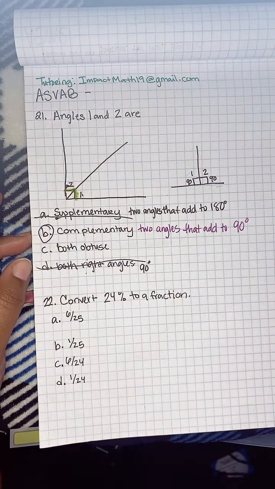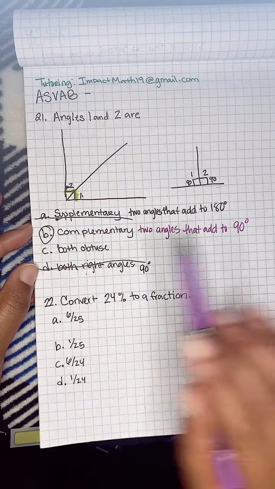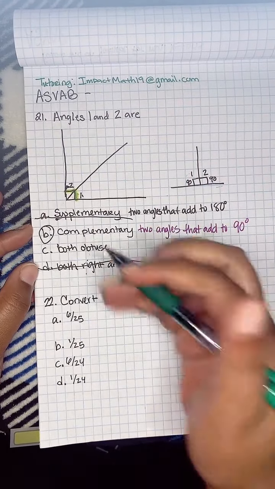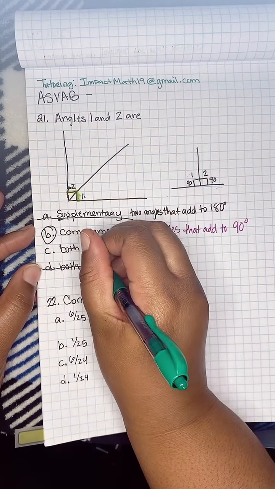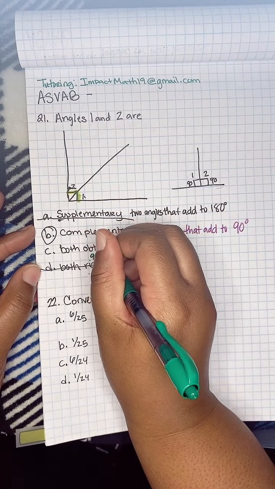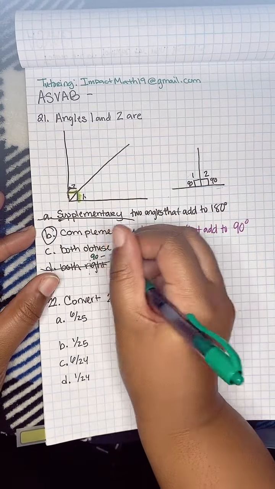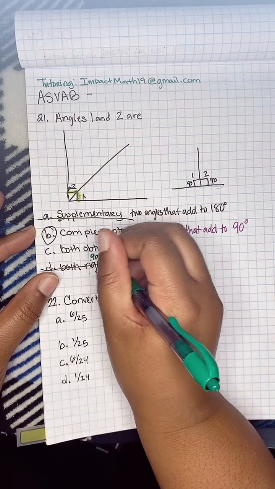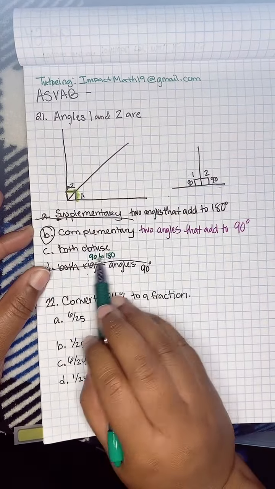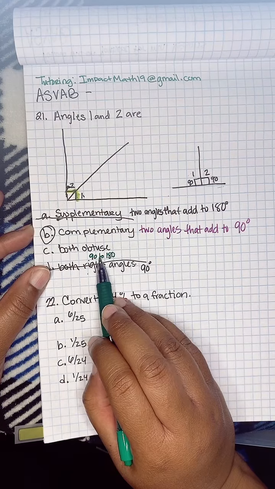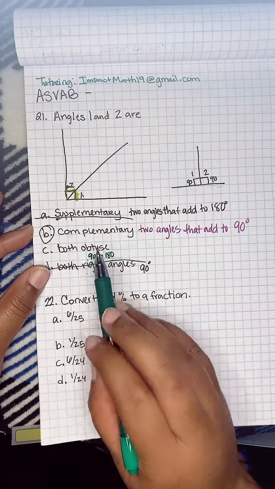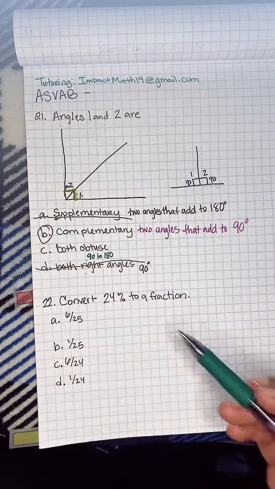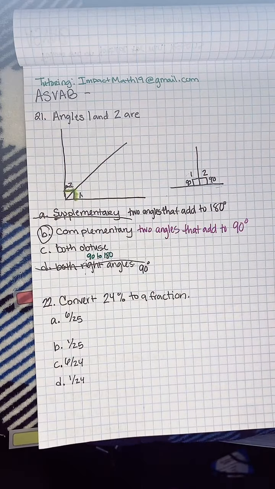That's why it's complementary. Obtuse now is an angle that is greater than 90 to 180. Any angle that's greater than 90 and less than 180. So these cannot be that because they both add up to 90. That's why C is wrong.